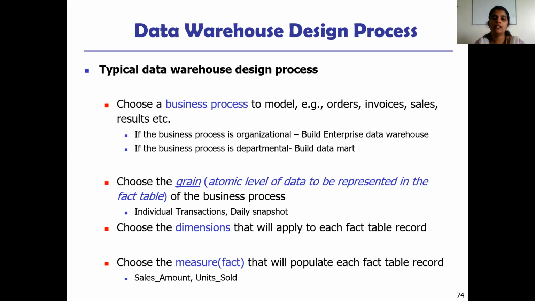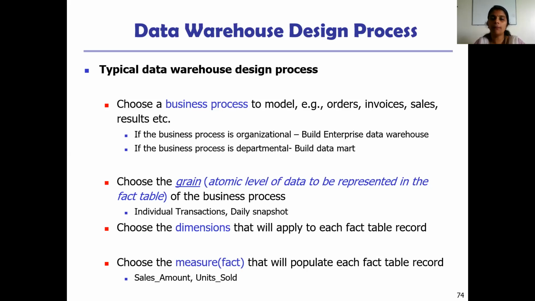The fourth point is to choose the numerical measure that relates the dimensions. Once you choose the dimensions, you have to select the numerical measures that relate them. When you consider the sales data warehouse, the total sales amount which relates product, branch and location can be a fact. So these are the four steps.